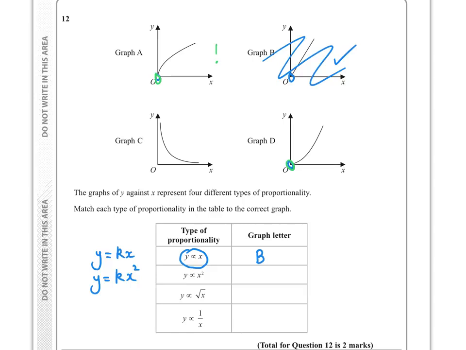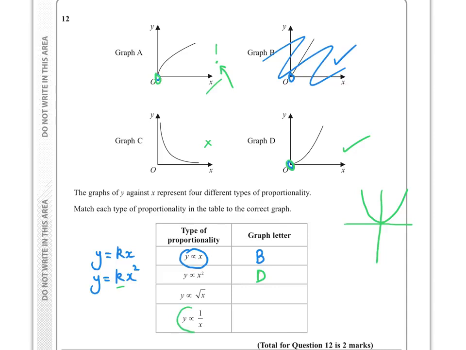Now you could argue actually this one does here. But if you think about the simple graph of y equals x squared, say when k is 1 here, you've probably all seen this graph before. Now this one doesn't look like that, does it? So it's definitely not this one. So this is the one here, so it's D.